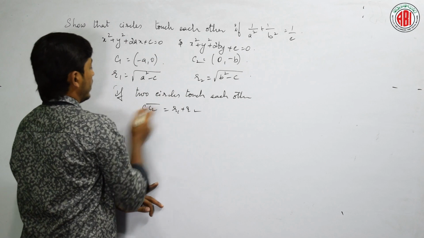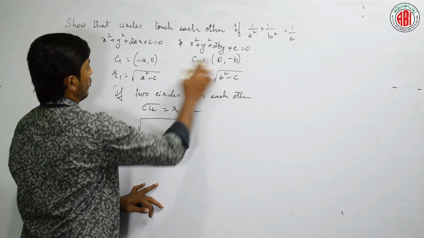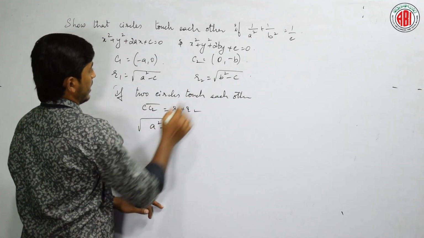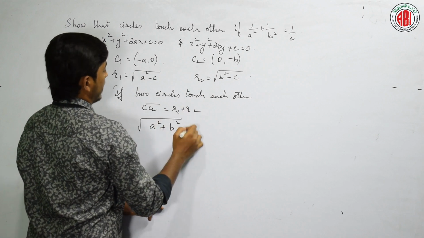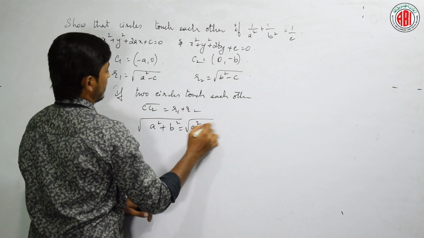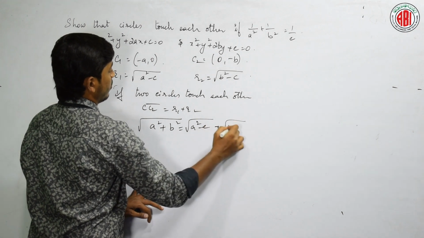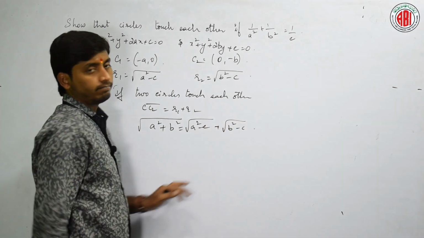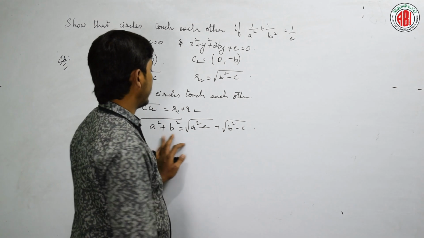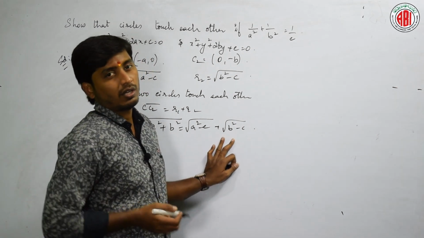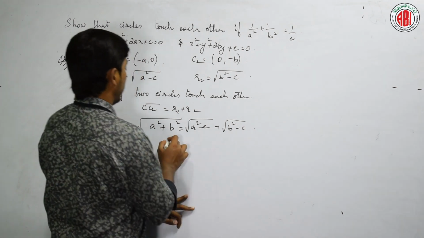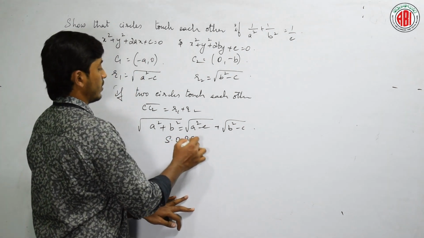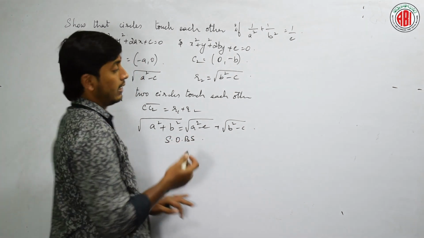So, now let us find: under root 0 plus a square, minus b minus 0 is b square, equals R1 plus R2, that is under root a square minus c plus under root b square minus c. Okay. So, everything is in square root. So, let us square on both sides. If I square on both sides, what do we get?